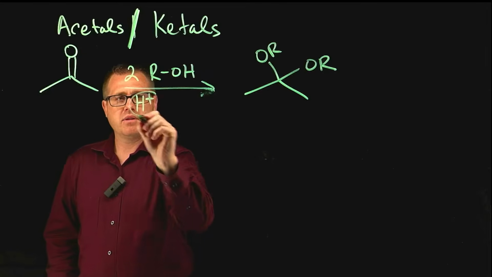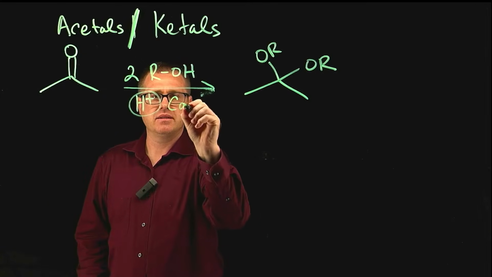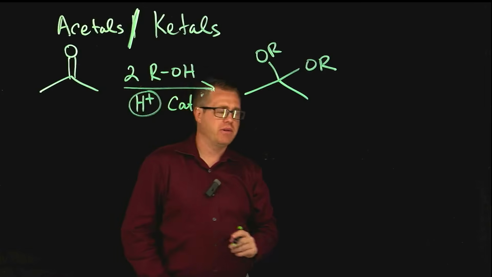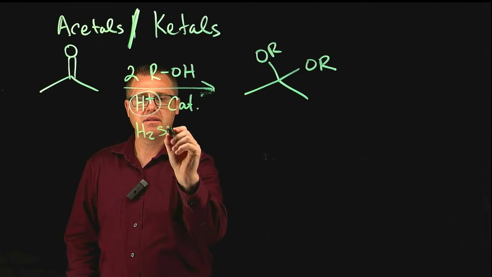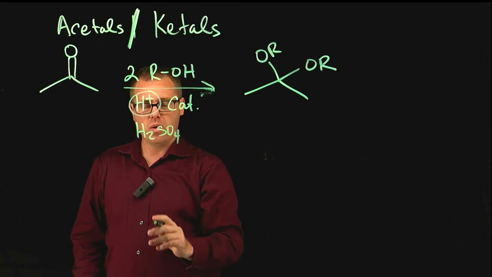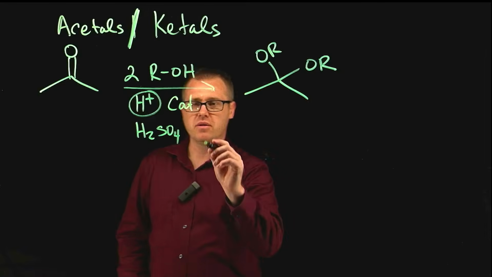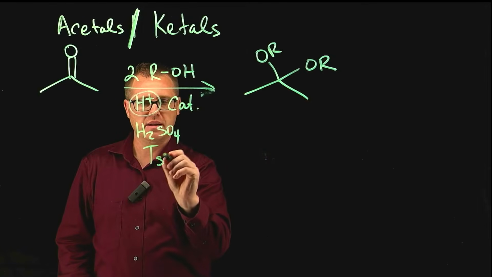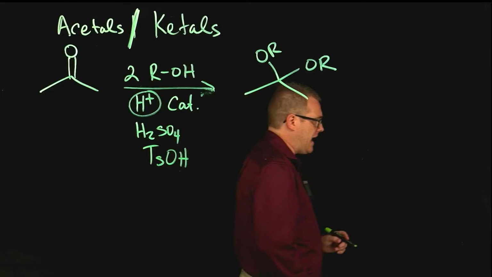Now, this right here is an acid catalyst. And the ones that we typically use for this reaction are sulfuric acid, or you can use, what's the other one? Toluene sulfonic acid, so TsOH. So both are really good acids.